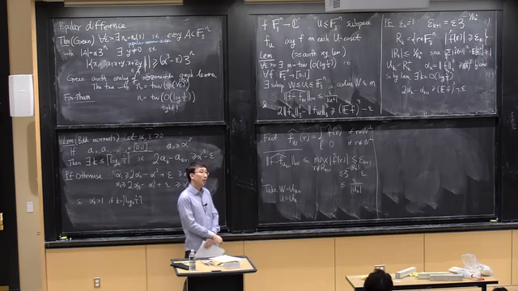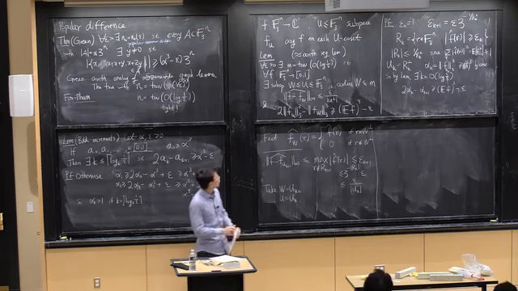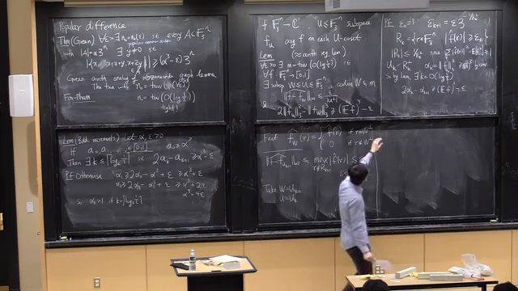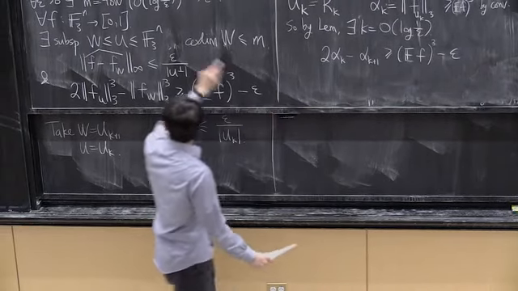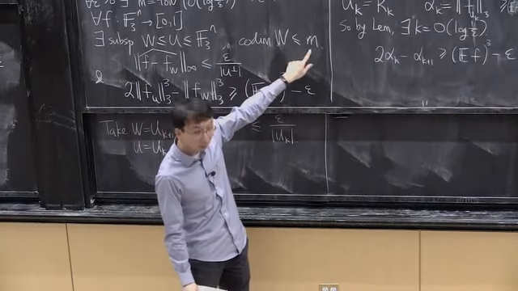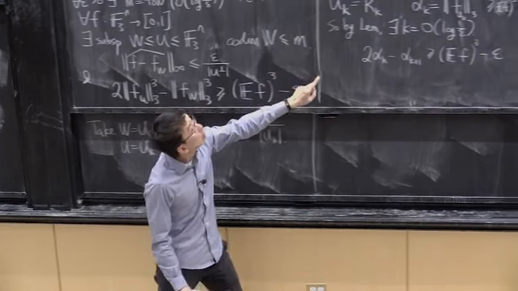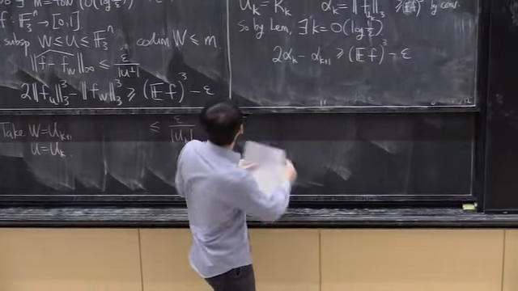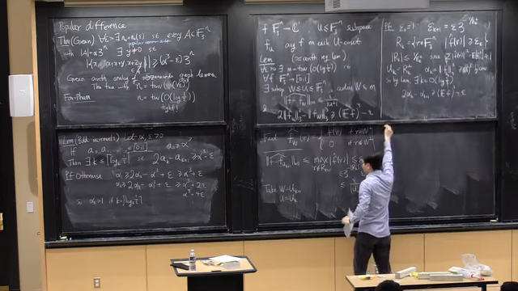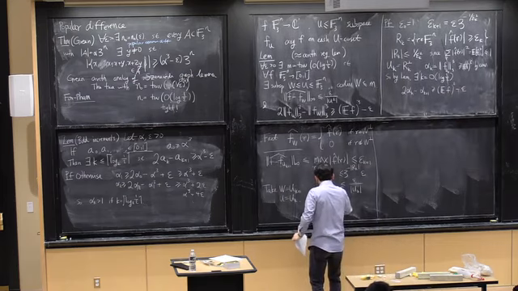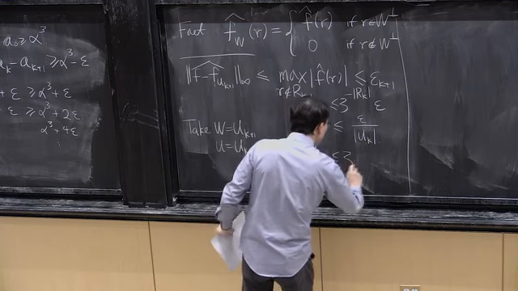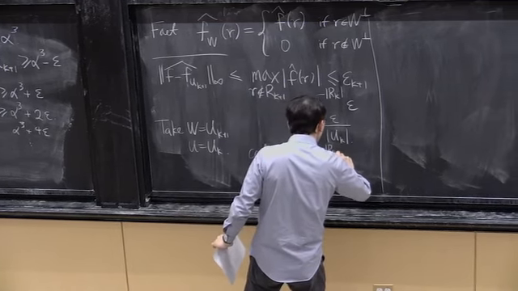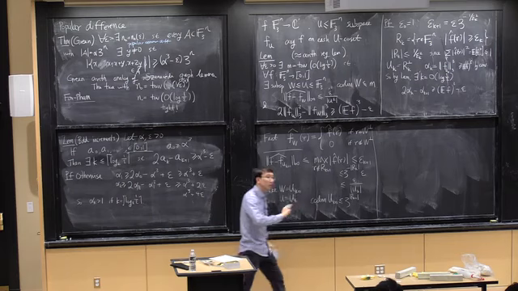Question? Yeah. Why is the codimension of W small? Right, so what is the codimension of W? We want to know that the codimension of W is bounded. Well, the codimension of any of these u sub k's is at most 3 raised to the number of r's that produce it.